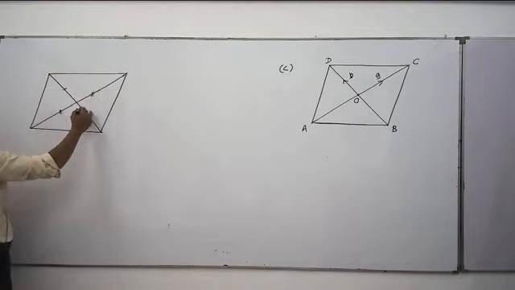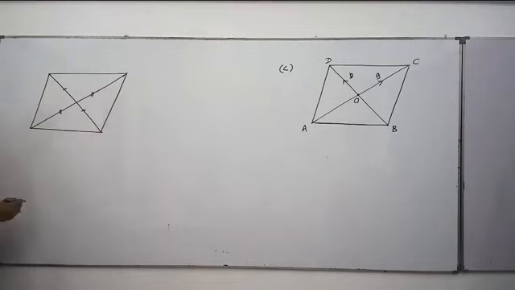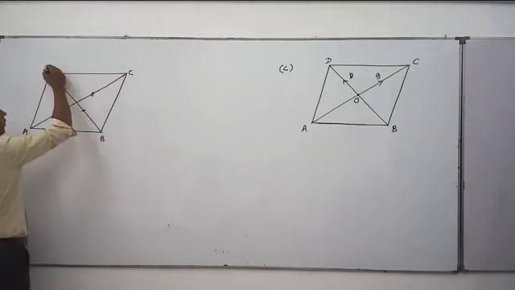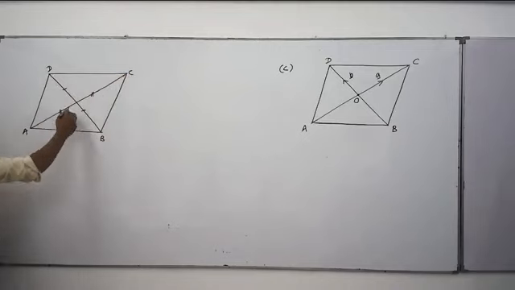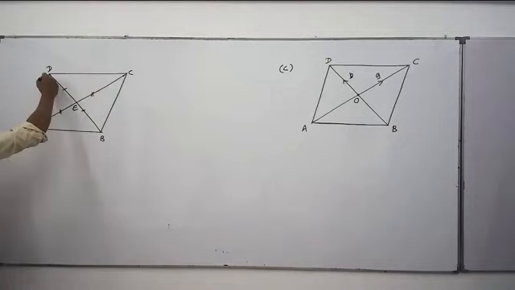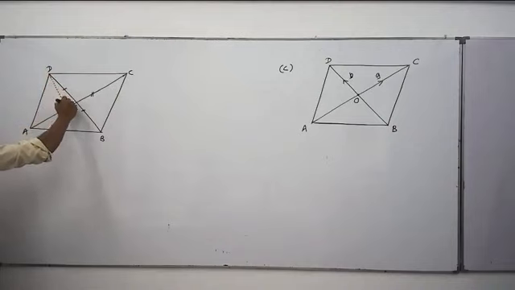These 2 are separately equal. If I take this as AB, CD, right? This is suppose E. I drop a perpendicular from this D upon this AC diagonal like this. Suppose this is H.